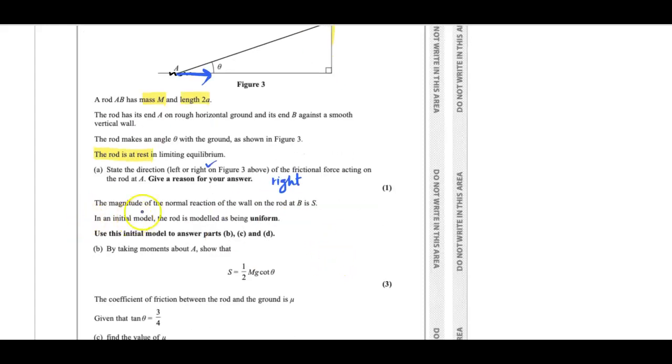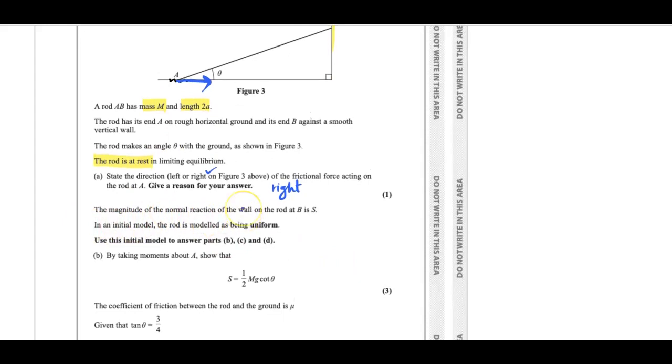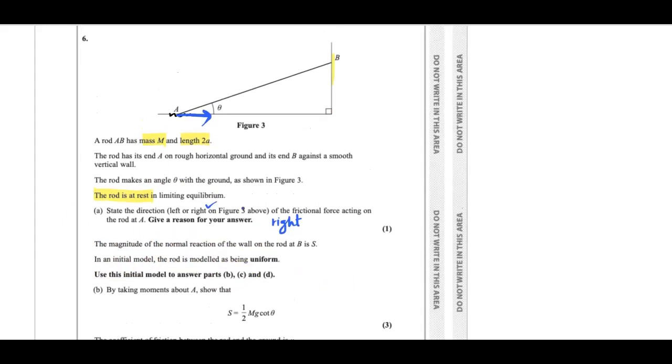And we have to give a reason for your answer. So just to oppose the motion, friction is acting towards the right side. Correct?